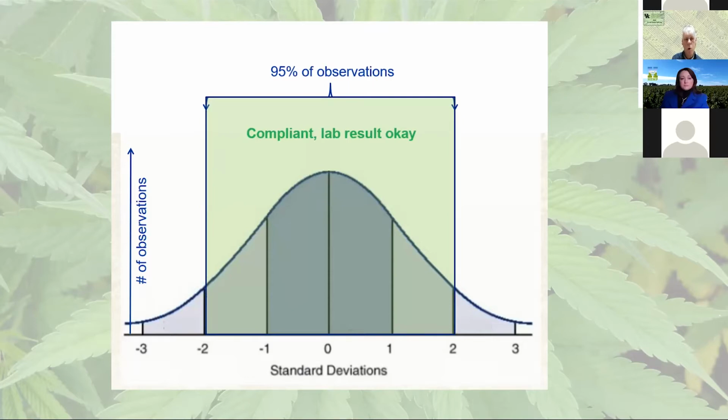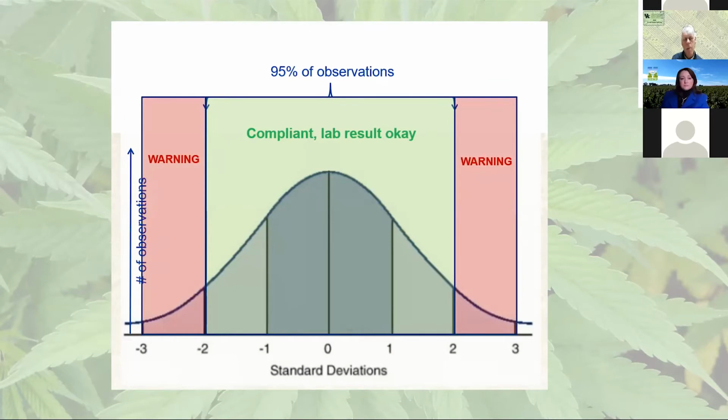It fits within the norm of all the other results that the laboratories have submitted. If a lab submits a result that is outside this region, they're given a warning on their lab report that their result is outside the norms of the results submitted by other labs.